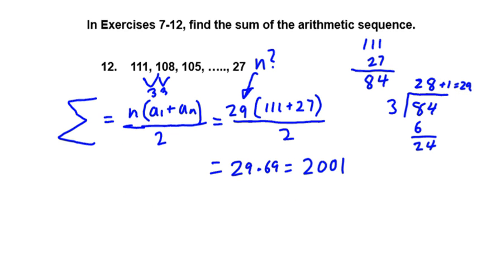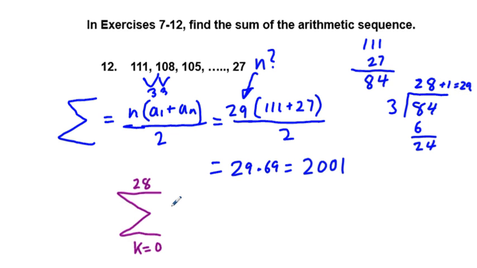To wrap it up, I'm going to go back and do a series on the calculator. We're going to start from k equals 0 to, let's see, we have 28 spans, so we're going to go up to 28.